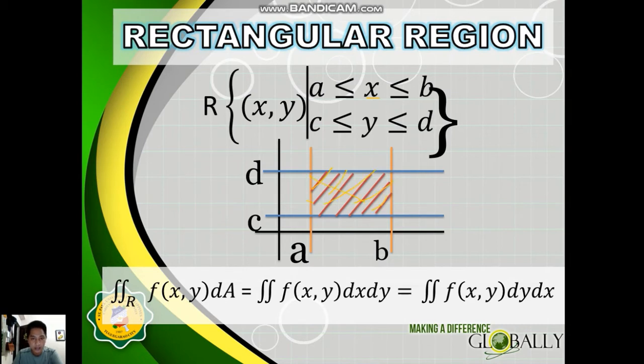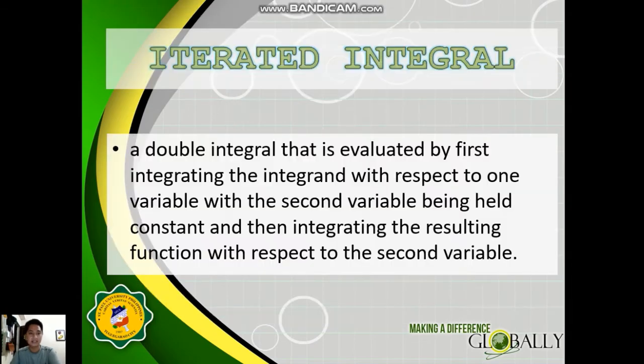We are going to get the volume under this surface or region. So we can expand our formula: since we define dA as dx dy, we can say the double integral of f(x, y) dx dy, or the double integral of f(x, y) dy dx.